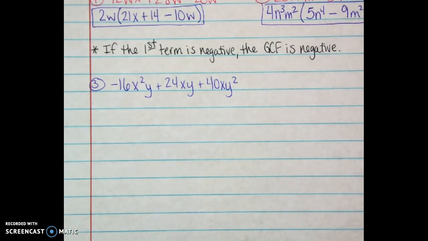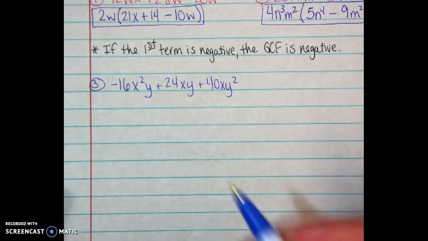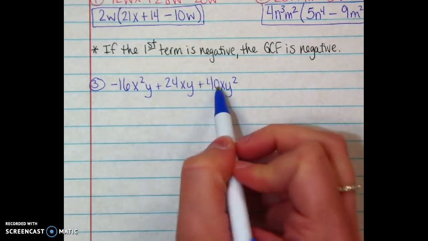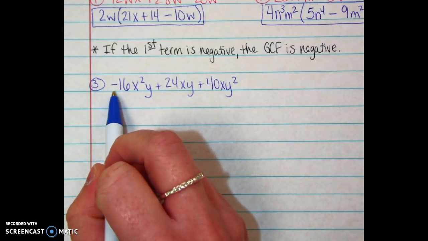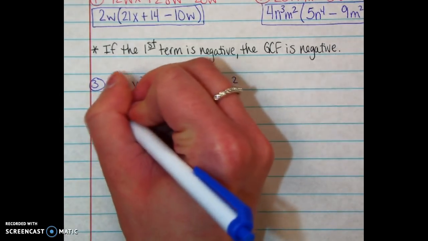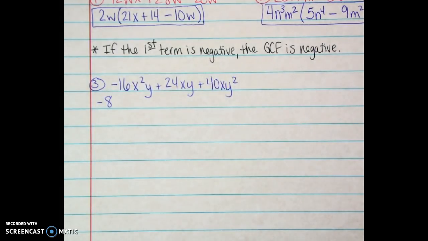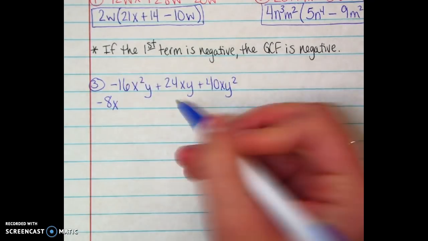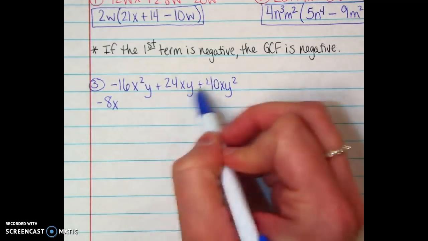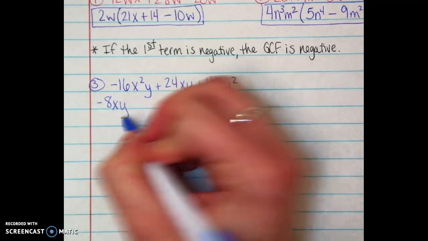I'm not going to in the videos though. So the GCF here is 8 because that's the highest number that can go into all three of those numbers, but it's going to be negative 8 because of that negative sign right there. So negative 8. Now I look at my variables. They all have x's, so the smallest x is just x. They all have y's, and the smallest is just y.